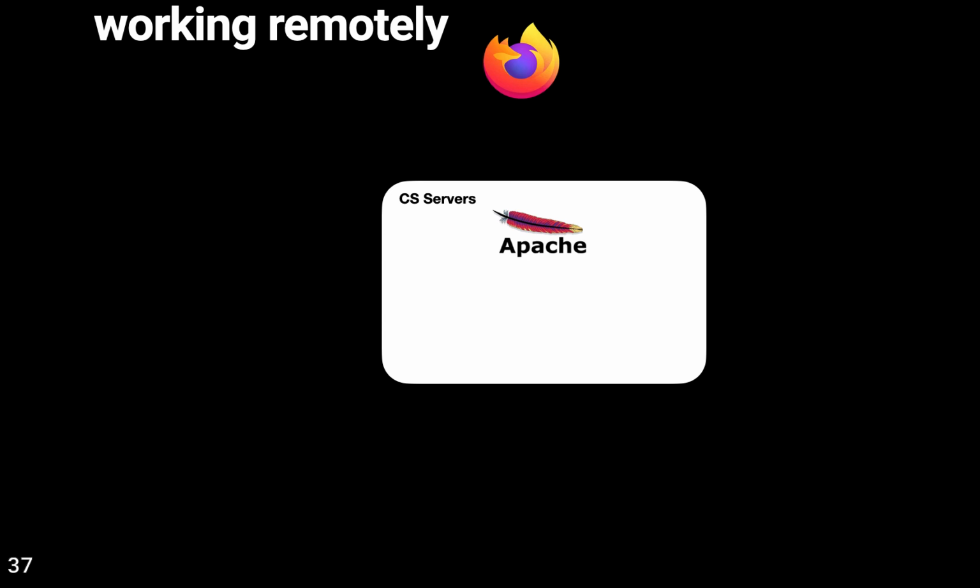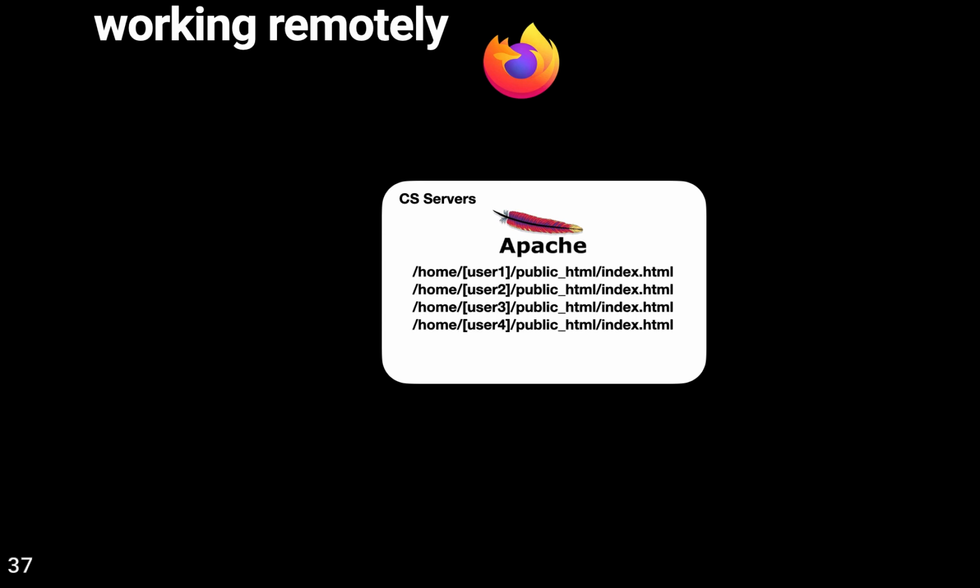So checking out the process as we've seen it before already. Working remotely, here's your browser, and here is the CS department server on Apache, and it has a bunch of different web pages already up there, stored on it.